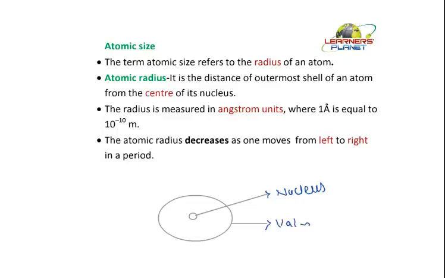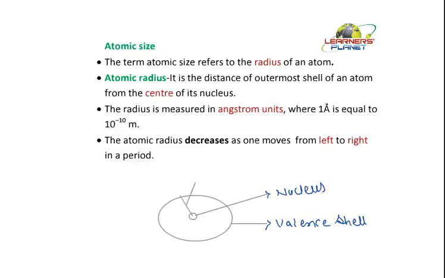So what is atomic radius? It is the average distance between the center of the nucleus and the valence shell. This tells you the radius of the atom.